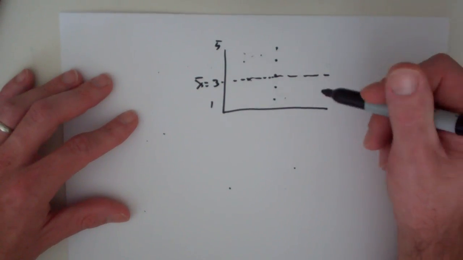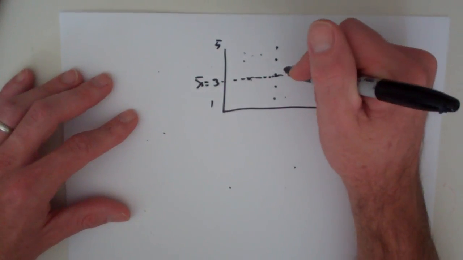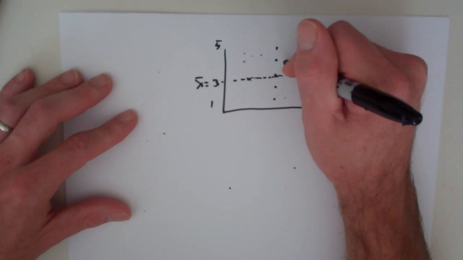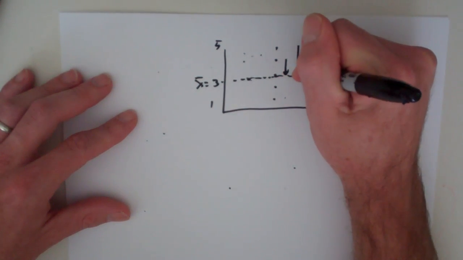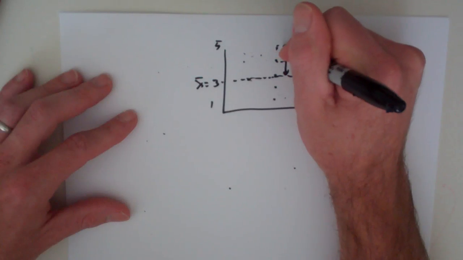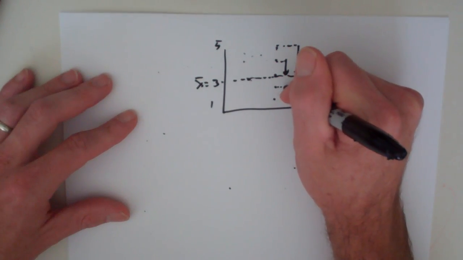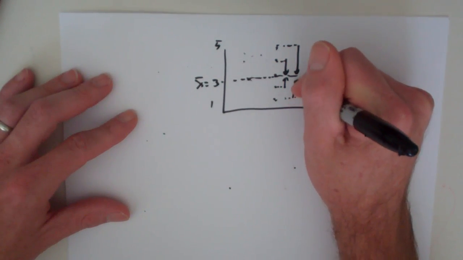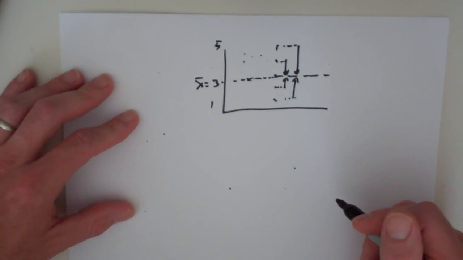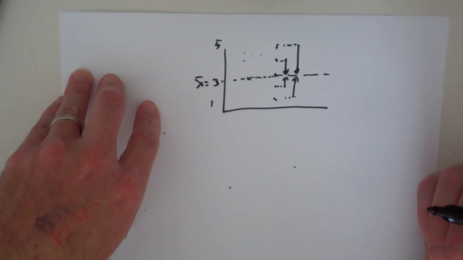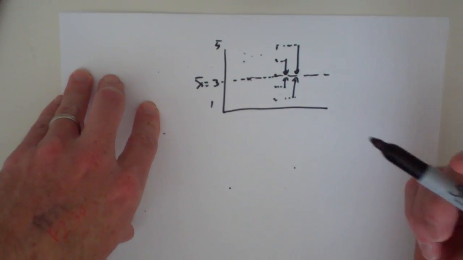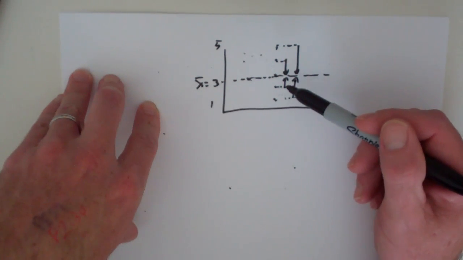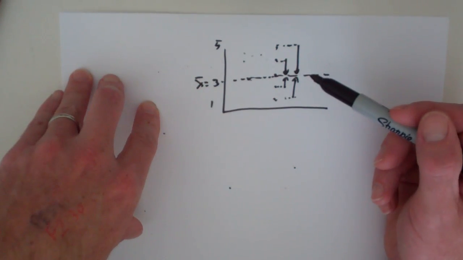So if we're graphing these out, here's the mean, and the spread in the data is how far each of these points is from that mean. So hypothetically, we want some estimation of the average distance of each point from the mean.